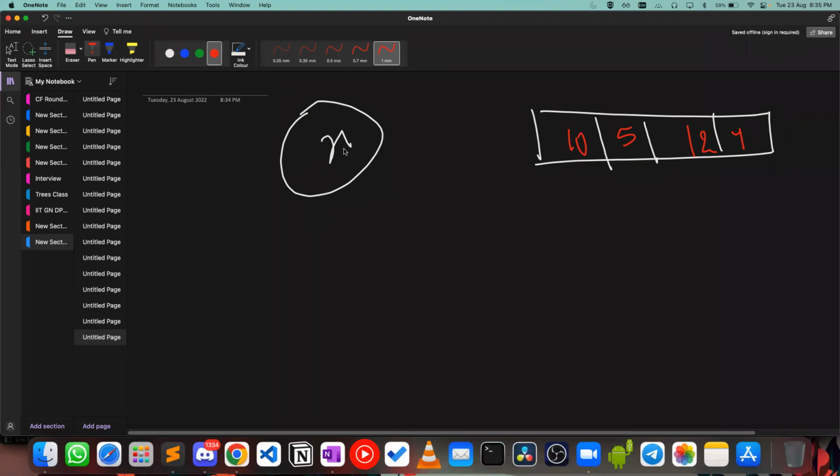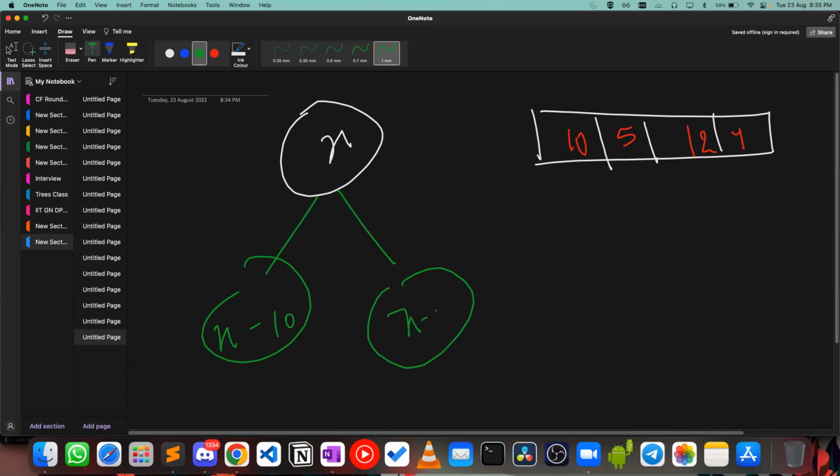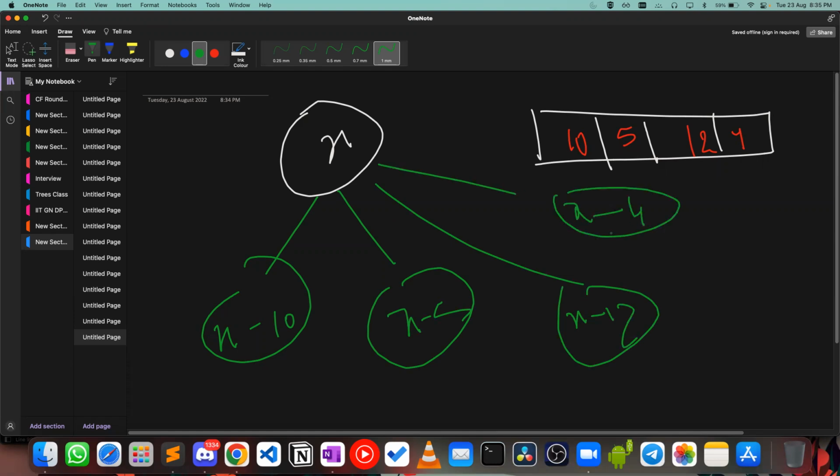When I tell you that these are the denominations available to you, can't you construct x from x minus 10? Give me a yes or no in the chat. Yes, you can. What about x minus 5? Yes, you can. Then x minus 12, and then x minus 4. These are the only 4 choices available, right?